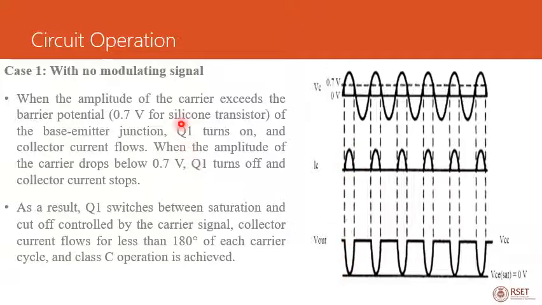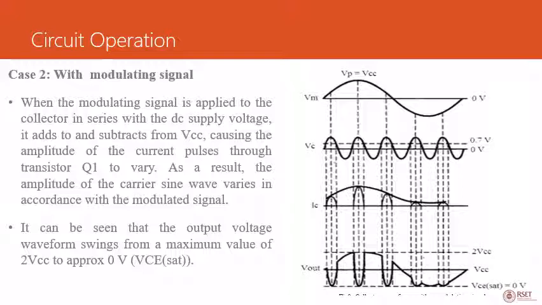If the amplitude of the carrier drops below the barrier potential, then the transistor Q1 turns off. Then your IB will be 0. If IB is 0, your collector current is 0, then your output will be what? The output will be VCC. So this is case 1.